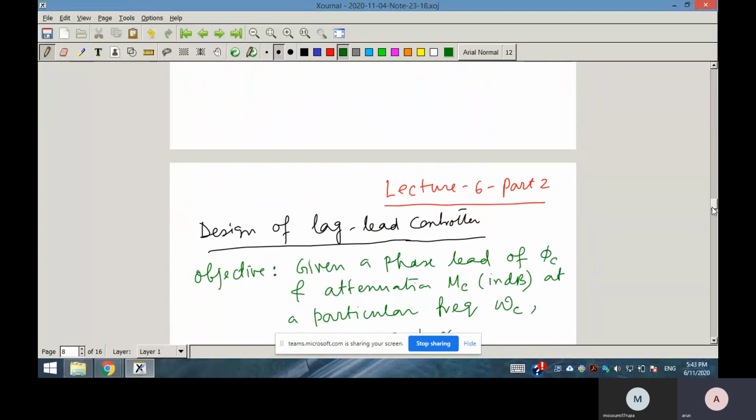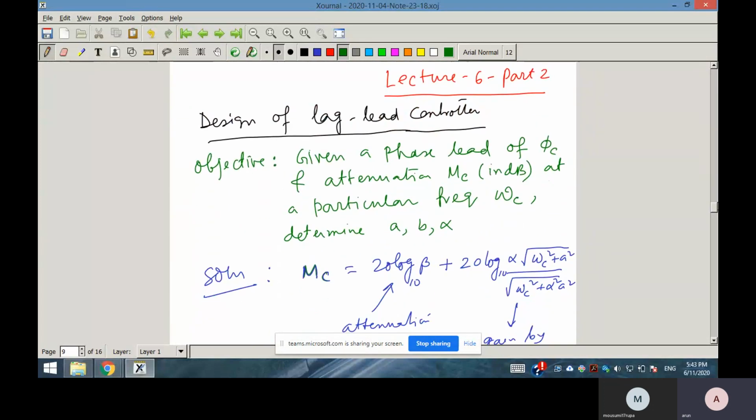One is steady state error specification, phase margin, and some gain crossover frequency. The steady state requirement will be met by the servo gain part, that is K, and the phase margin and gain crossover frequency part will be met by the normalized controller part. So lead, lag or lag lead part. So using lead or lag or lag lead, the phase margin part can be met.